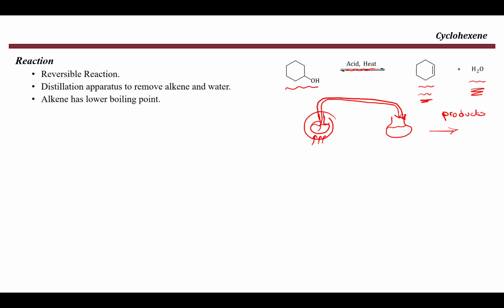The alkene has a lower boiling point than the alcohol, and that's why it will easily evaporate, whereas the cyclohexanol will stay in the main flask.